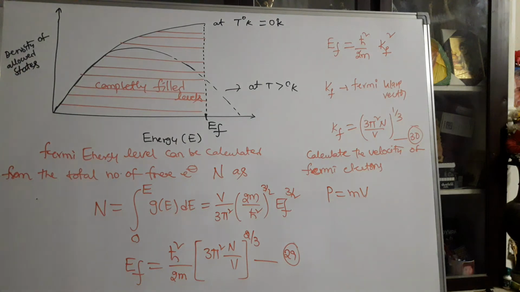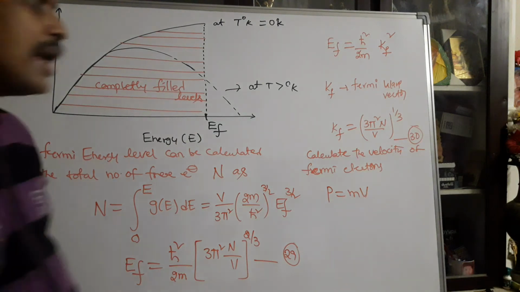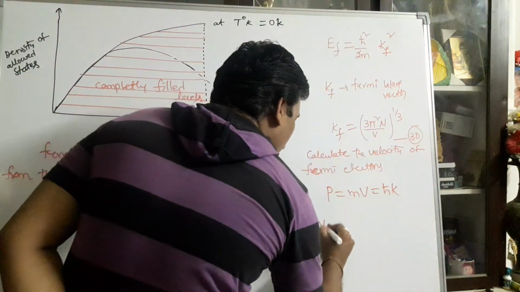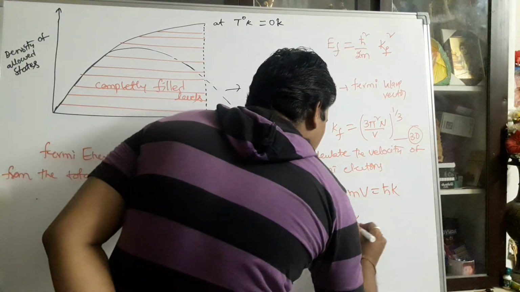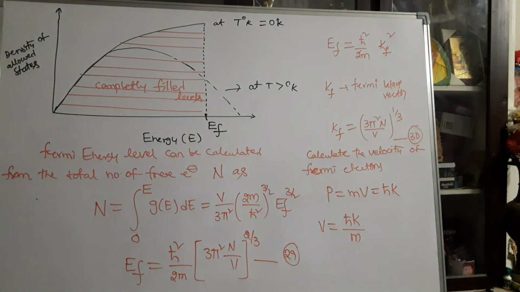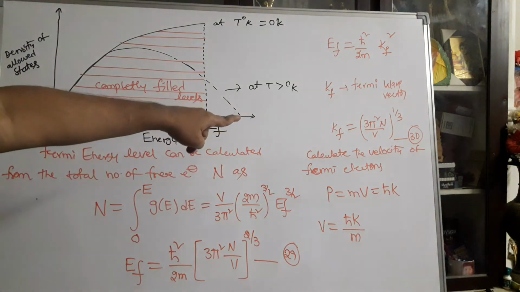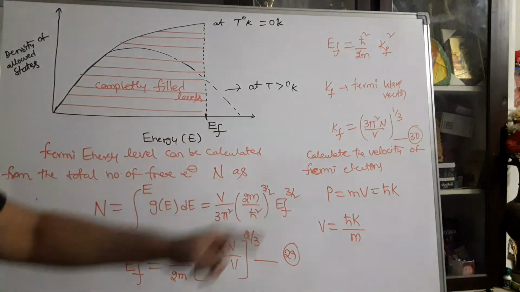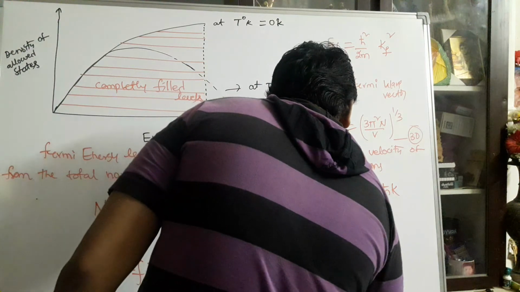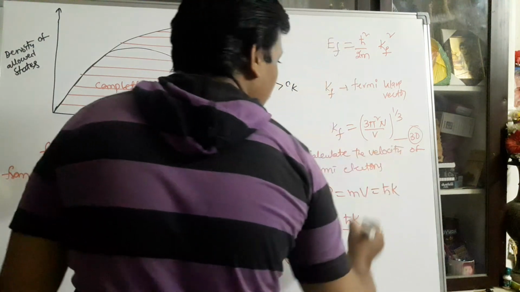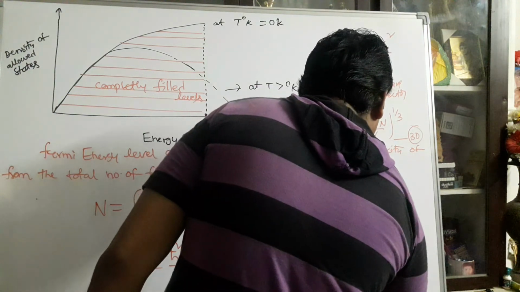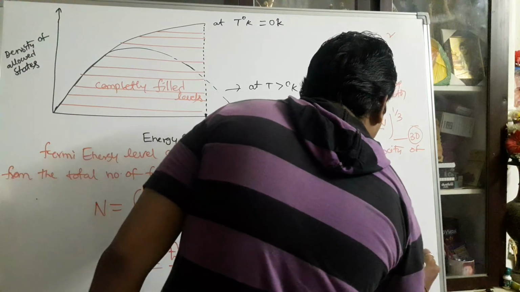According to quantum mechanics, momentum is P is equal to h cut k. So from this equation, velocity V is equal to h cut k by m. You know the k value from equation number 30. You can substitute it in this equation, and you get the velocity of the electron equal to h cut by m into k, which is 3 pi square N by V whole power 1 by 3.